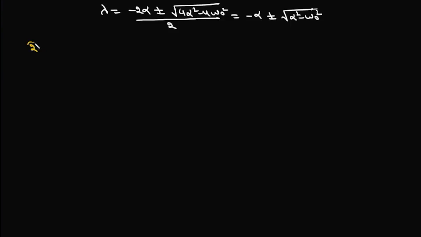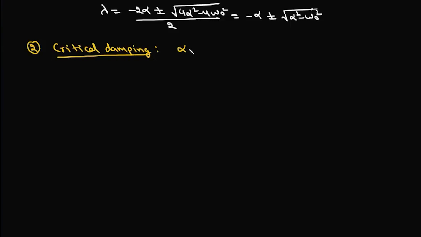Now we'll come to the second case, which is critical damping. Now in critical damping, basically D is equal to 0.